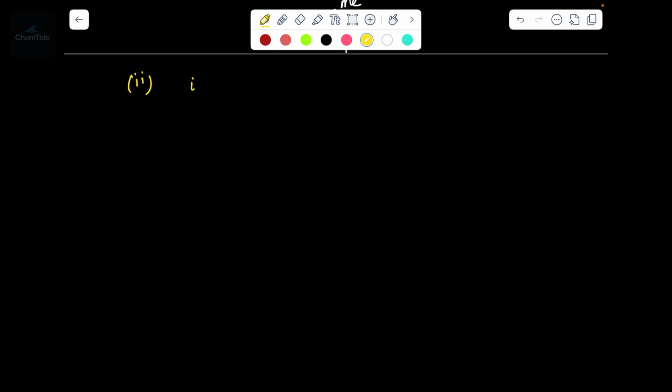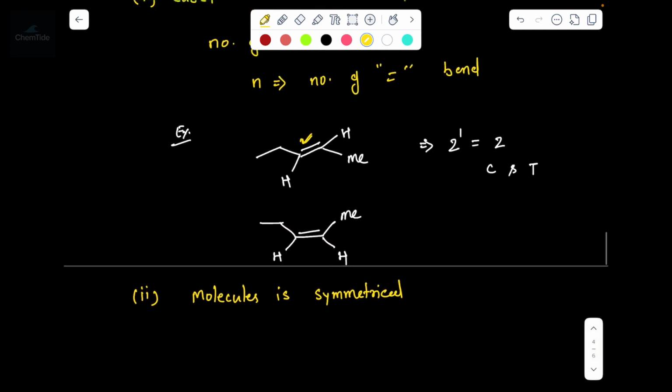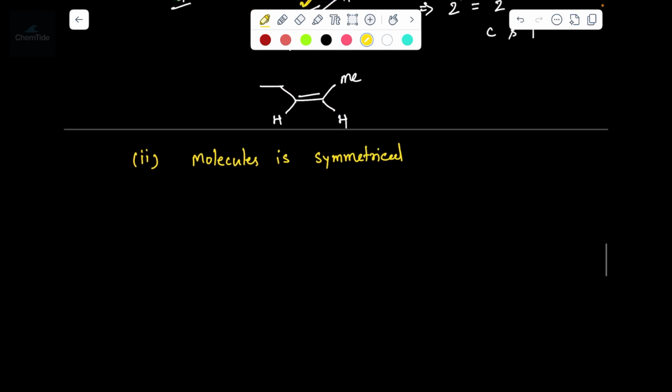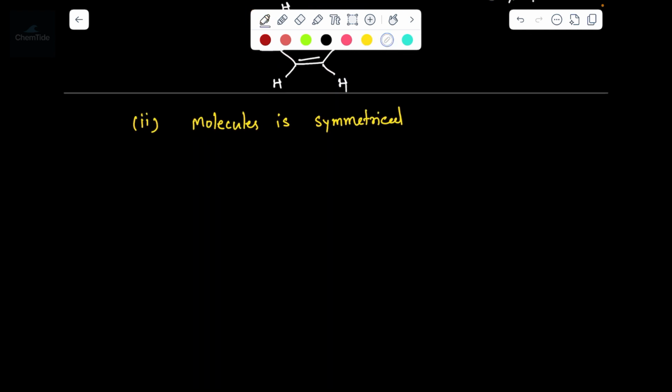Now let's move to case 2, if the molecule is symmetrical. The meaning of symmetry or unsymmetry: unsymmetrical means both ends are different, but symmetrical means the ends are the same. For example, if I write CH3, then CH double bond CH, and then CH double bond CH and CH3, you can observe both sides have the same symmetry.